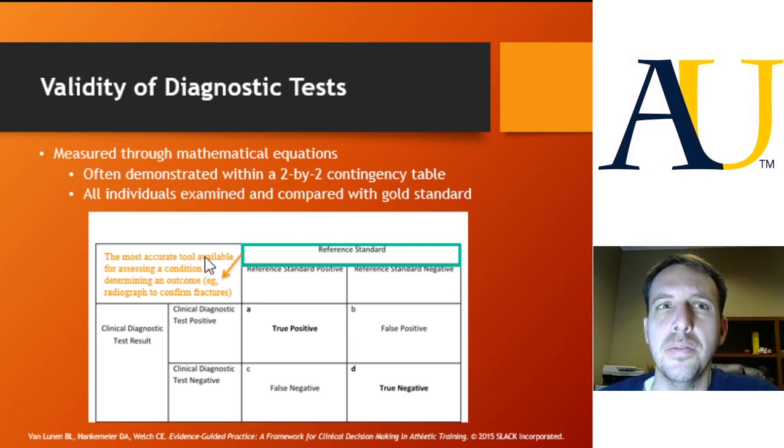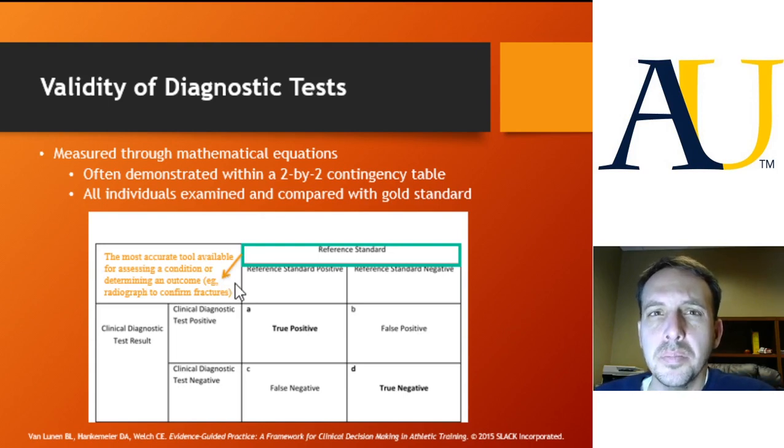So like if it's a fracture, it might be a radiograph or x-ray. Oftentimes it might be some sort of imaging like an MRI, or just being able to actually view the structure during an arthroscopic procedure. But basically, we have the possibility that the reference standard, or whatever the reference test is, in this case, we're looking at x-rays.